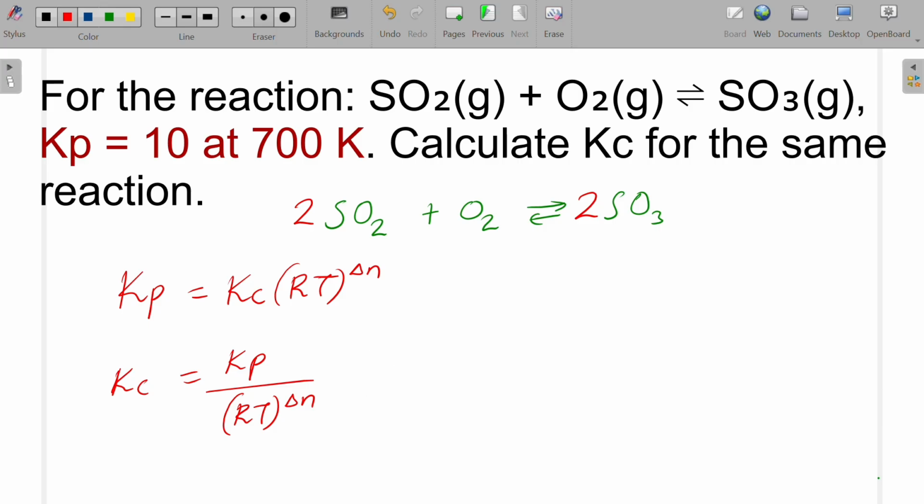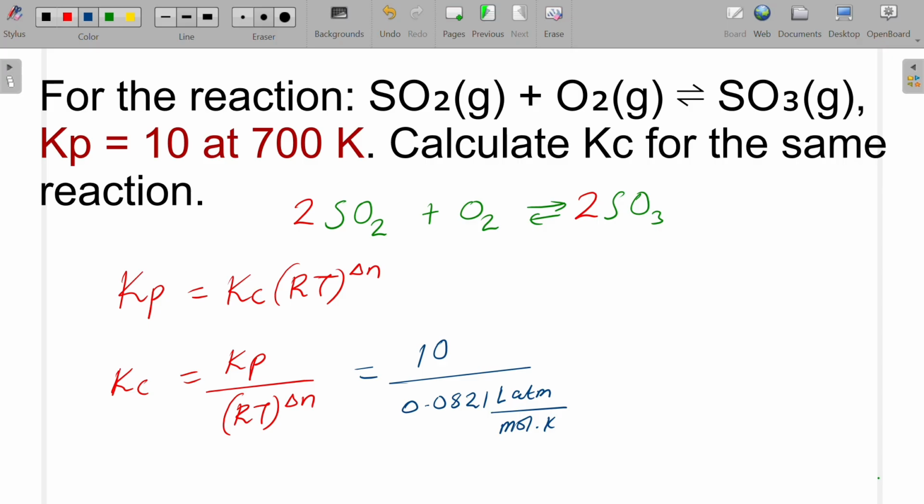All right, so let's proceed. Replacing with what we have, our Kp is given as 10, and down here our R is 0.0821. I hope you know this value already. This is in the units of liters atm per mole per Kelvin.